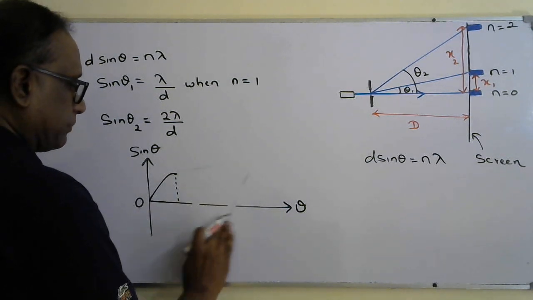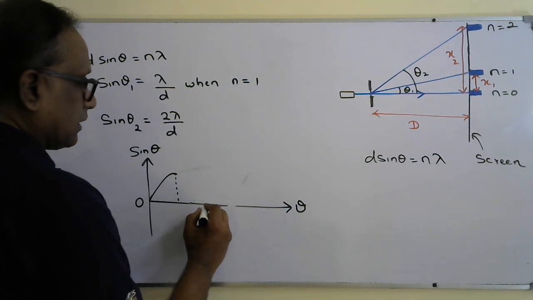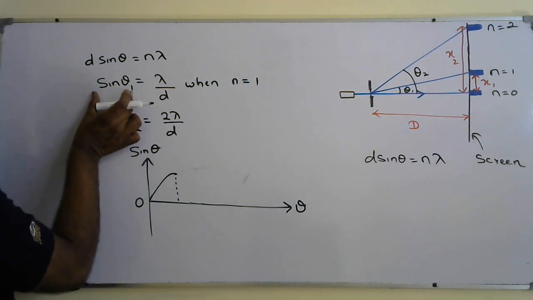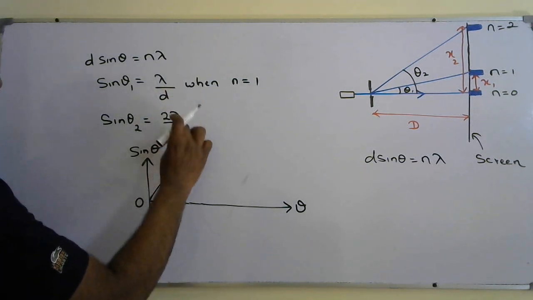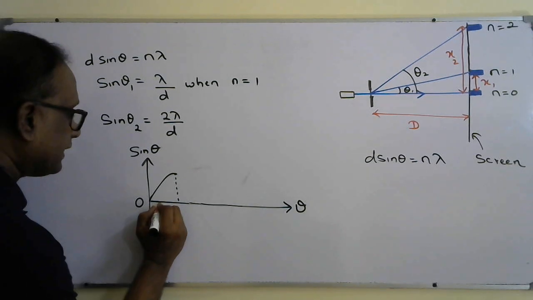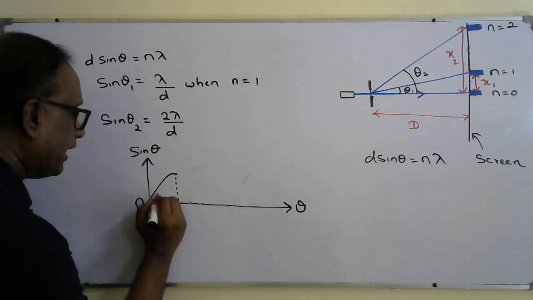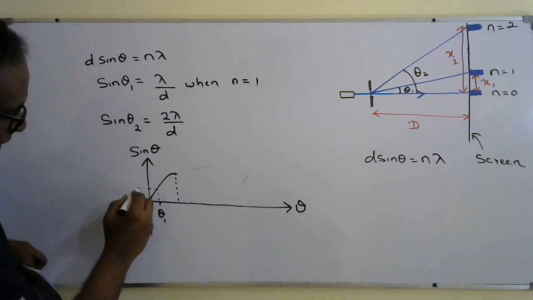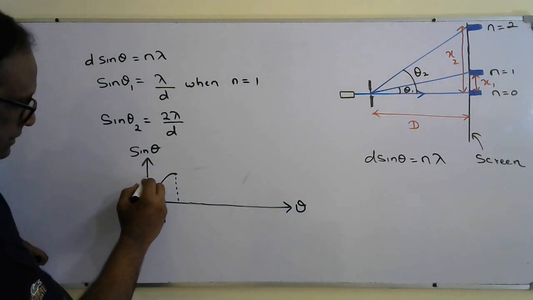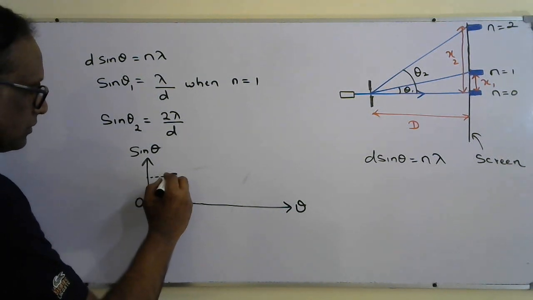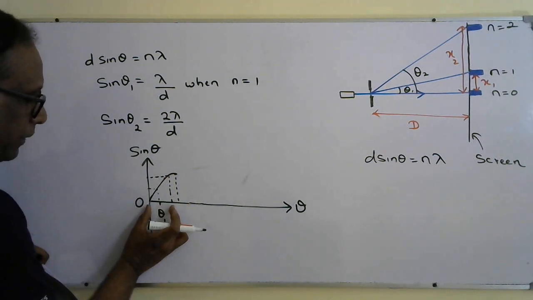So here, what happens? Think a little bit. For sine theta 1 equal to lambda over d, the other one, sine theta 2, is double of it. When you consider twice the value, the gap will be more.